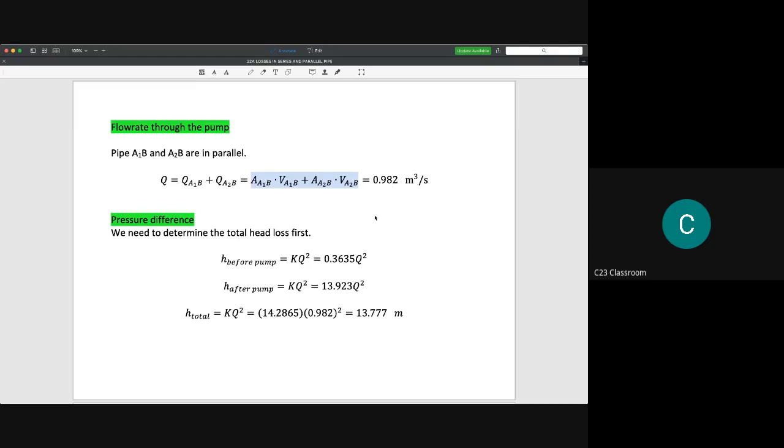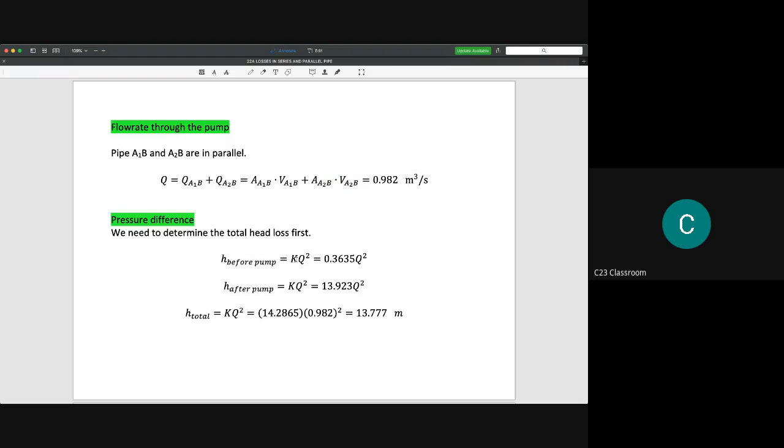And then we need to calculate the pressure difference. We calculate this by using the total head loss. So the head loss before the pump is KQ squared over 2. And then we can calculate the value of K by using the parameters in the table.